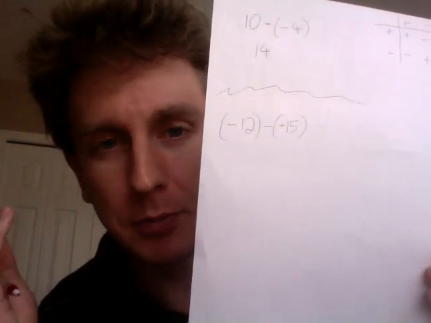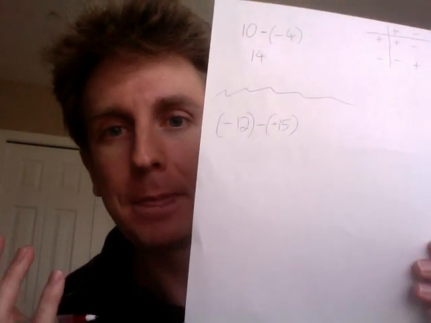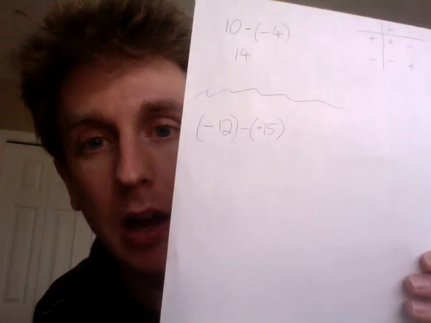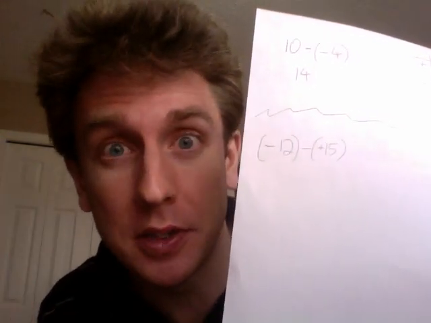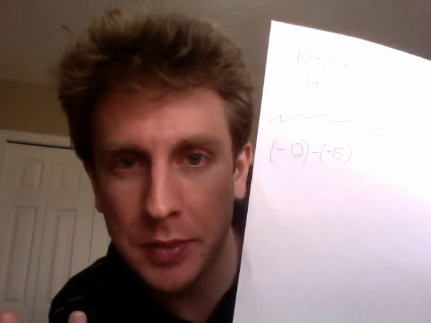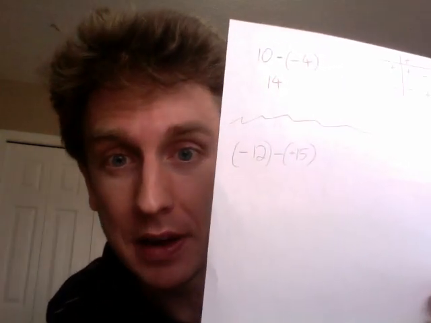If we're subtracting a positive, that means that our number should get smaller. So that's the same as minus 12 minus 15. It becomes minus 27. So negative 27 is our answer here. So there was negative 27 degrees of difference between the two.